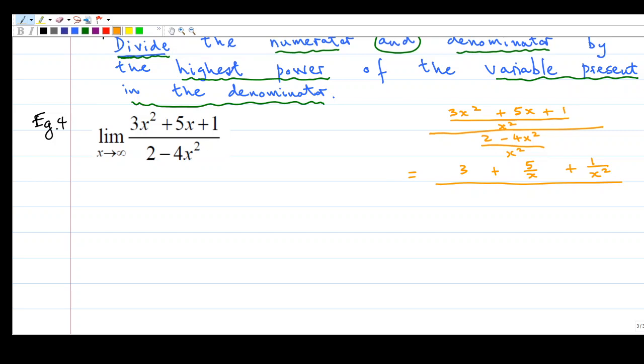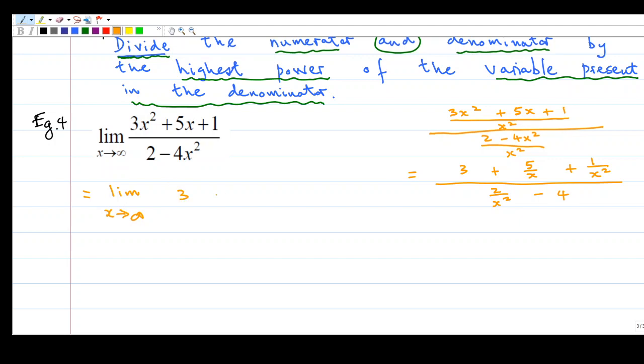Working out the denominator, that's 2 over x squared minus 4. So, if I go back to the problem, the limit as x approaches infinity of that rational function is equal to the limit as x approaches infinity, and now I can replace it by what's on the right hand side.